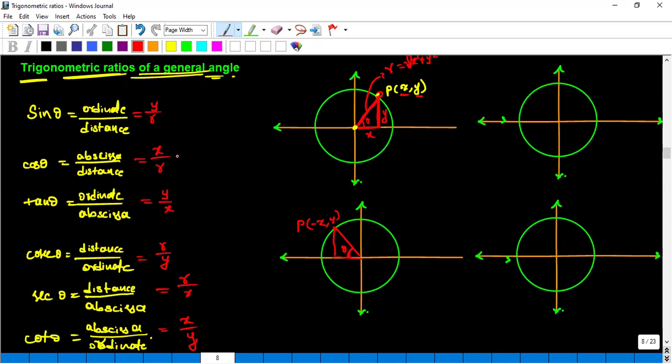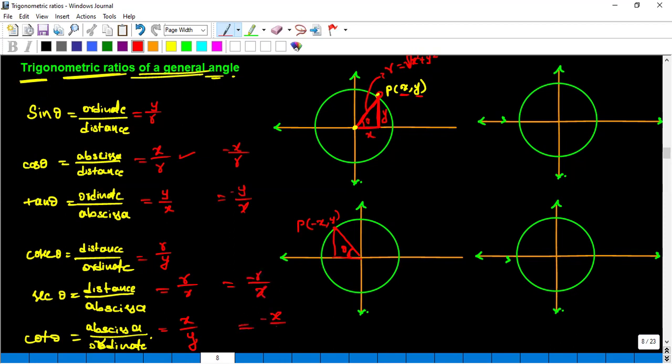See here, cos is involved with x. Definitely, the result will be minus x by r. Tan is involved. Again, minus y by x. Where x is involved? Secant is involved. So you will get minus r by x. Cot is involved.